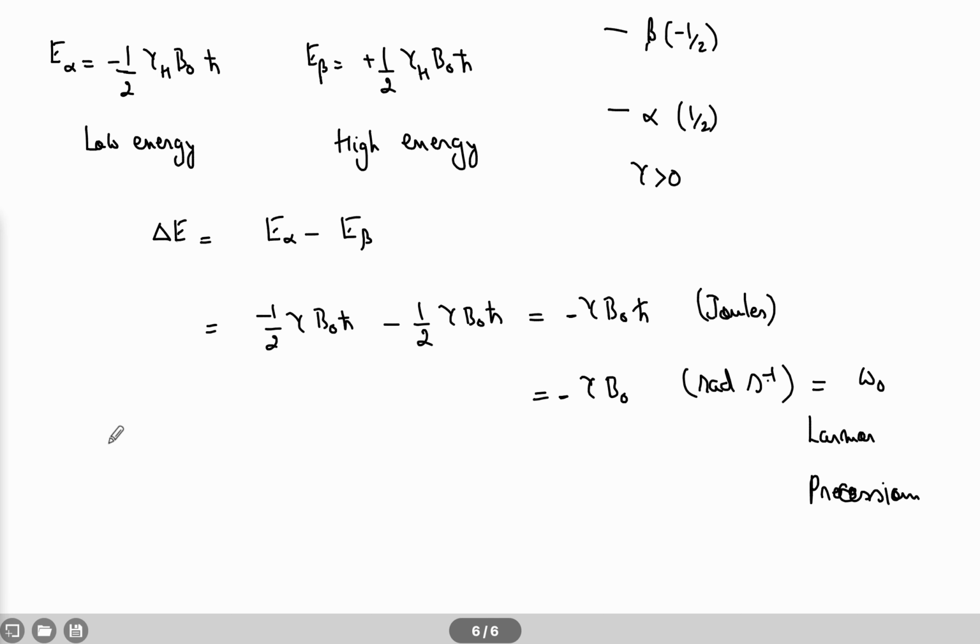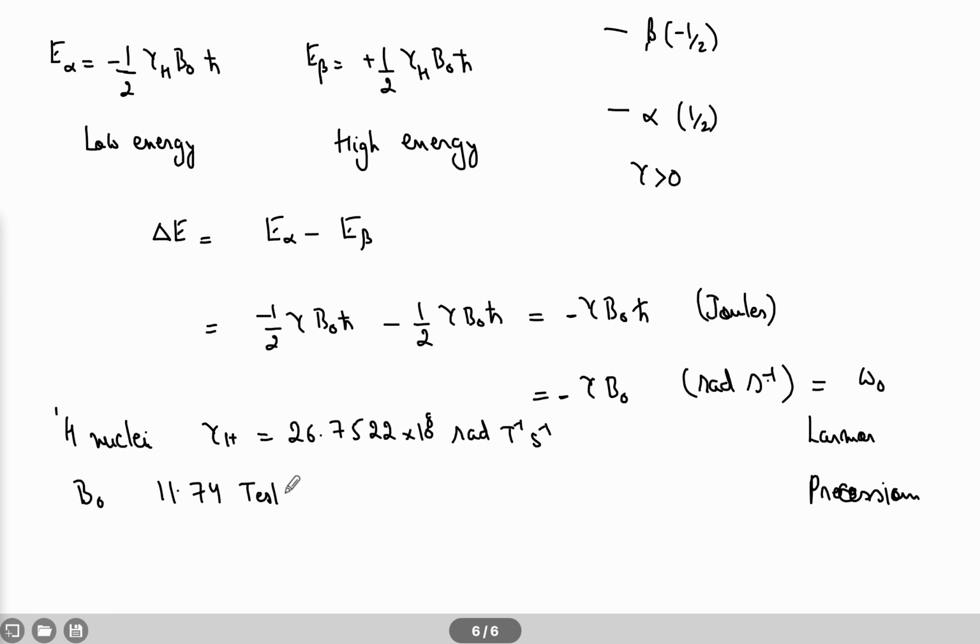Okay, so let us calculate this value for protons. For proton nuclei, 1H nuclei, gamma H is equal to, we know the value, 26.7 times 10 to the power 8 radians per Tesla per second, and let us say that B0 is 11.74 Tesla magnetic field strength.